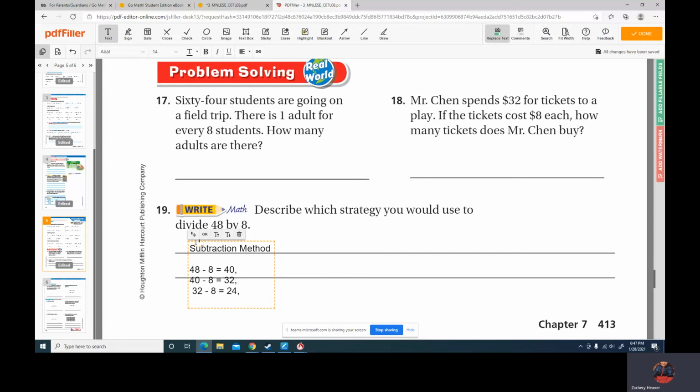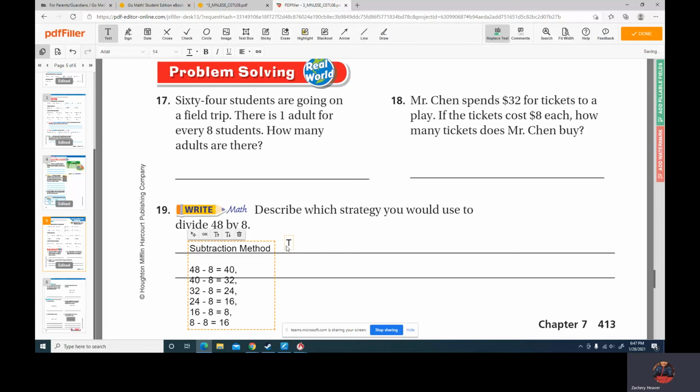Then I would do 24 minus 8, which would equal 16. Then I would do 16 minus 8, which would be 8. And then I would take 8 minus 8, and it would be 0.